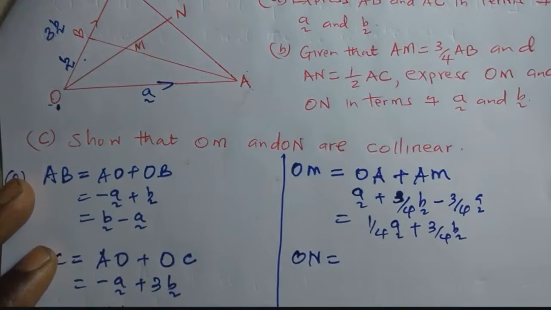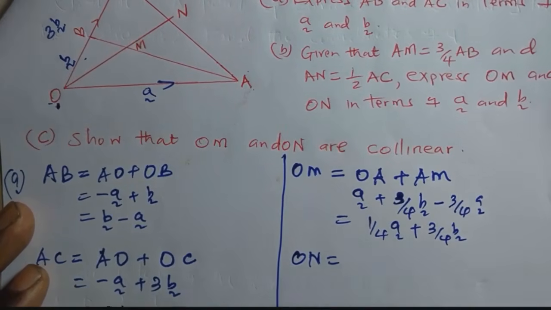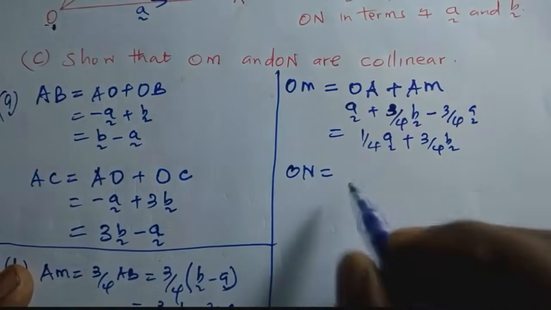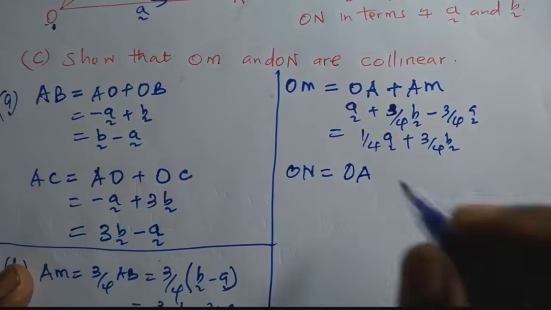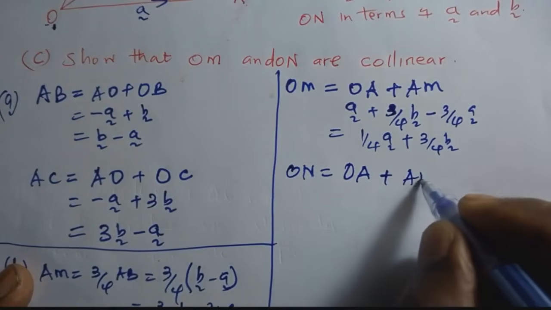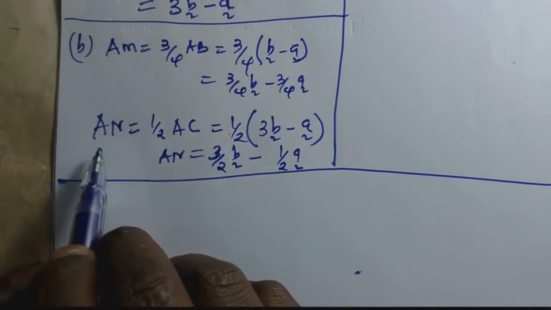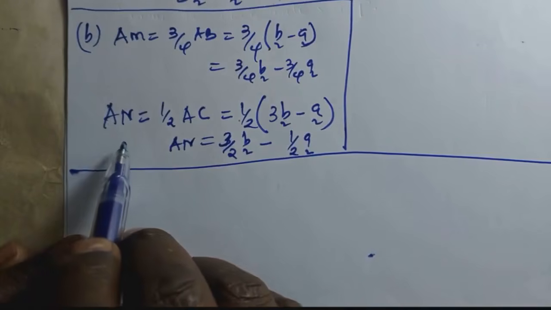There's another way, but we can use that one. Remember, we have AN here, so we go this direction because we have already obtained AN.